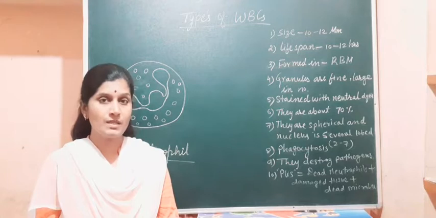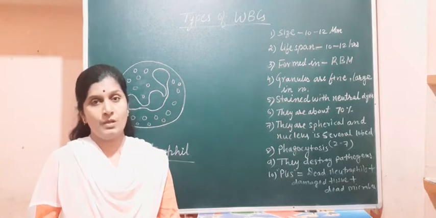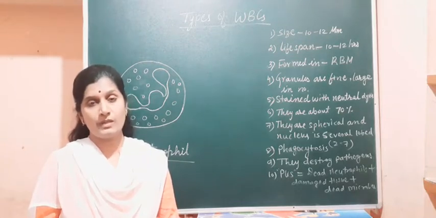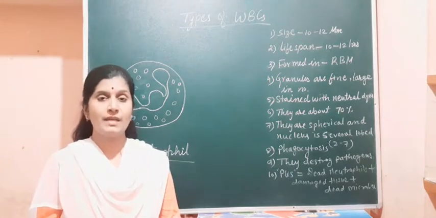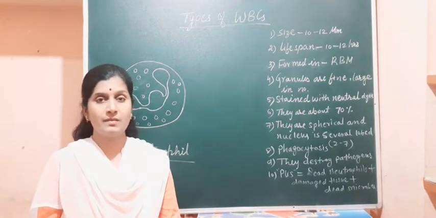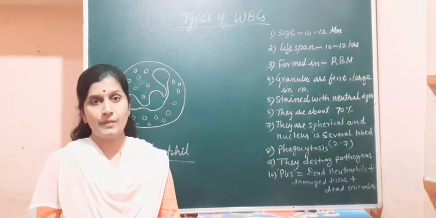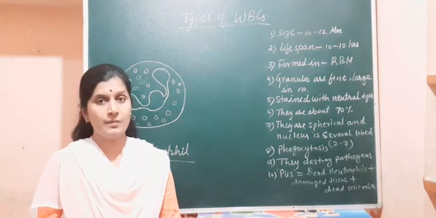So it is very easy to remember the types of granulocytes: acid, base and neutral. Neutral dyes means neutrophils; if cells are stained with acidic dyes, they are called acidophils; if stained with basic dyes, they are called basophils. In this way these granulocytes have been differentiated.